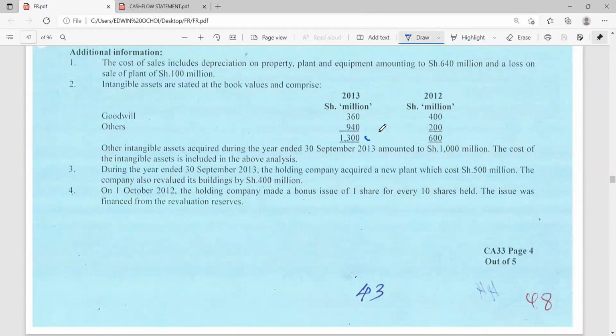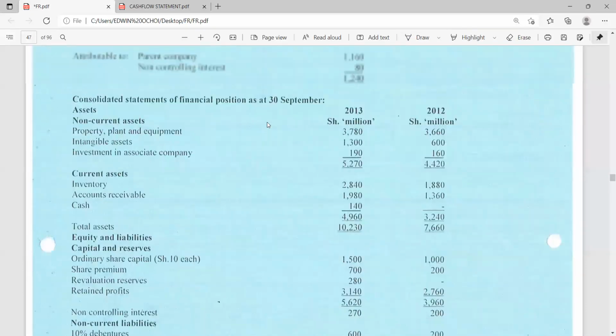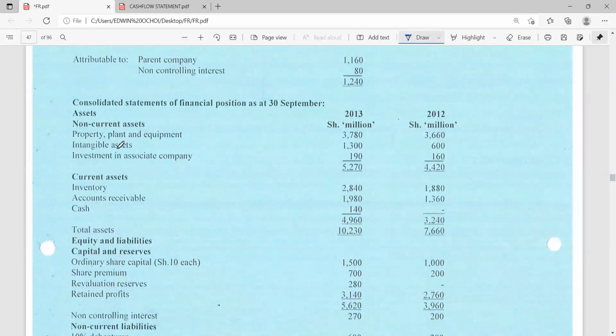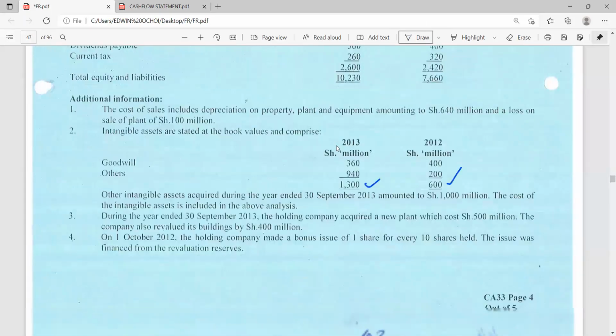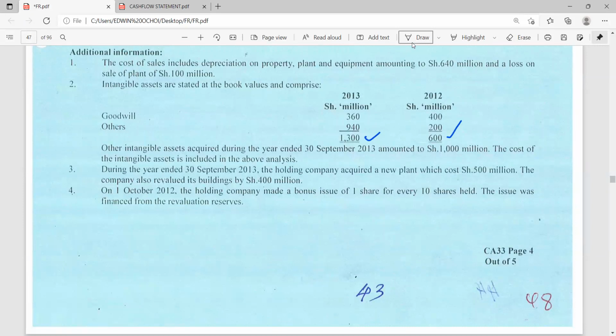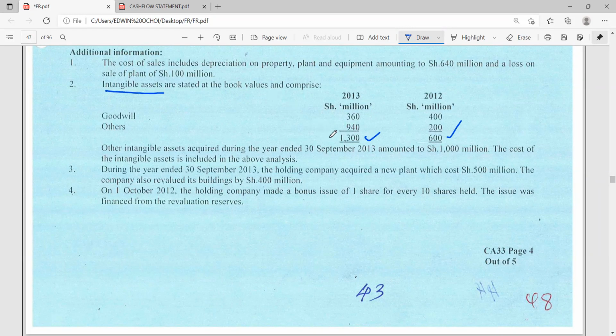Going back to the non-current assets under the statement of financial position, I can see that the intangible assets figure is 13,600. In additional information number 2, they have said what makes up the 13,600: goodwill and other intangible assets.